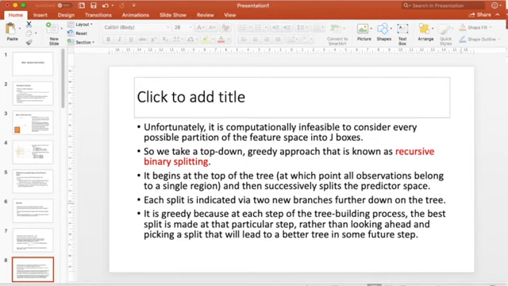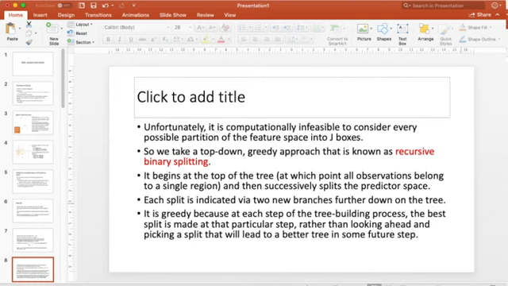Okay, that is just based on one variable, and then you have a second predictor, which is the number of hits that he made last year. So it is computationally infeasible to consider every possible partition of the feature space into J boxes.